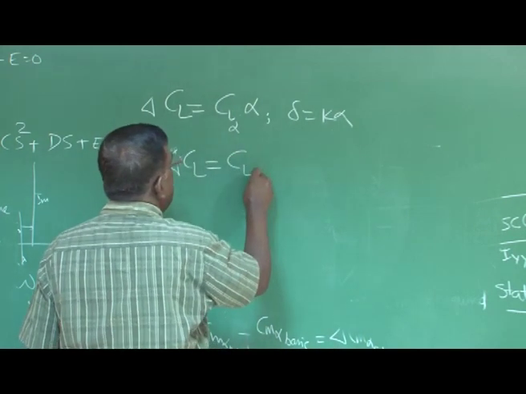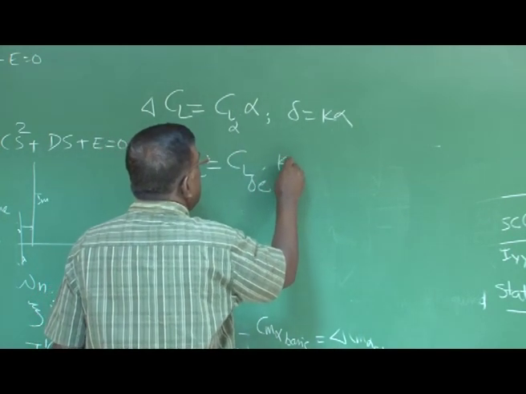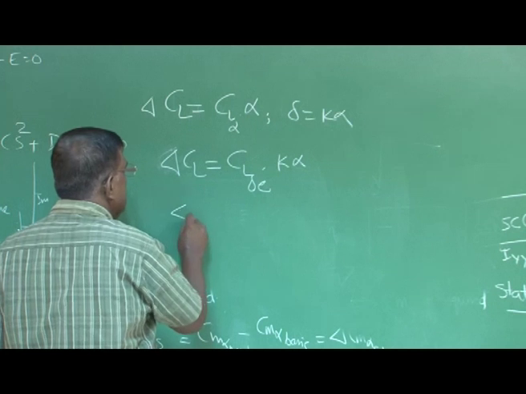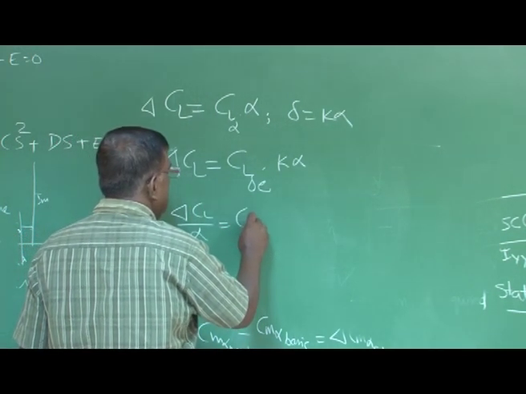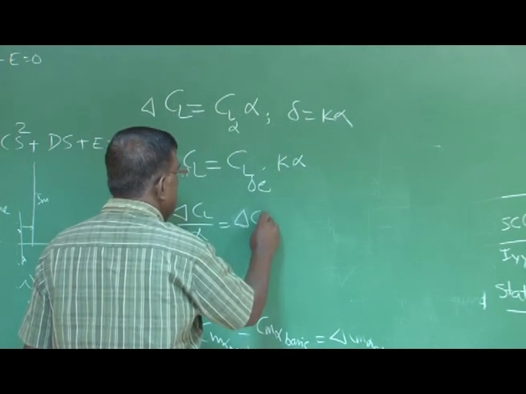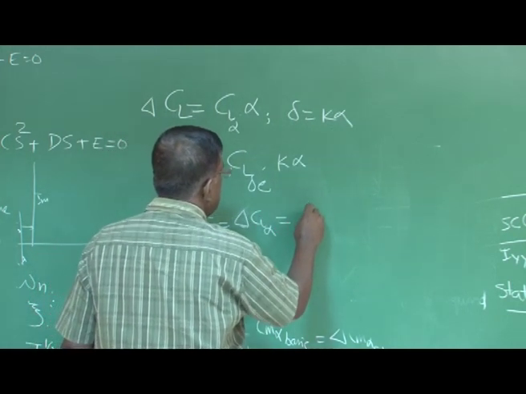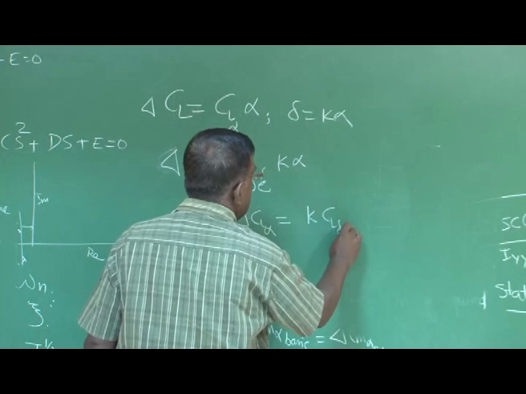So this will be CL delta E into K alpha. So delta CL by alpha, which is nothing but delta CL alpha, will be given as K into CL delta E.